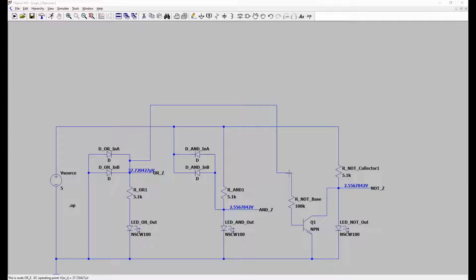Now, the easiest case is the NOT gate, because it has one input and one output.